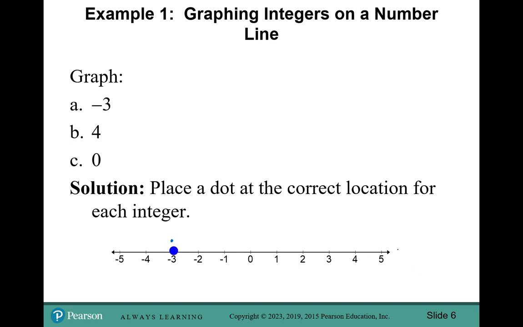I'll plot mine above the line. You can plot yours directly on the line if you'd like. I'm going to put a dot above 4, and that is the correct answer. And then I'm going to put a dot at 0 as well, because that is what C would like us to do. Put a nice solid dot on top of 0, and as you can see, we have -3, 0, and 4 plotted.